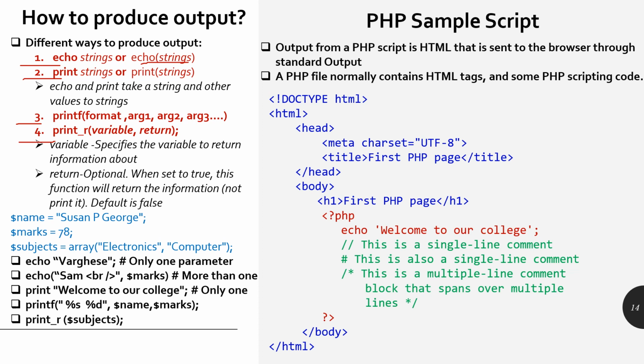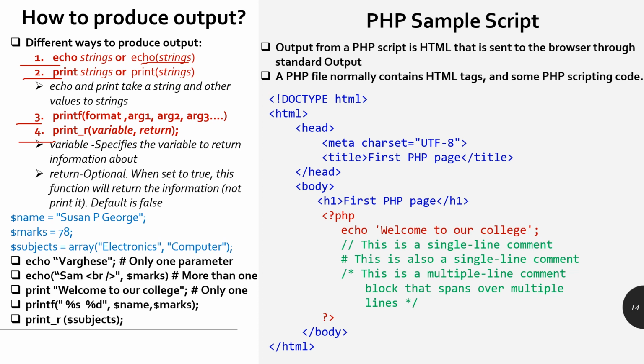That is also allowed. Print has the same format, but the difference is that echo can take different arguments, whereas in the case of print that is not possible. Simply we can print the one thing.